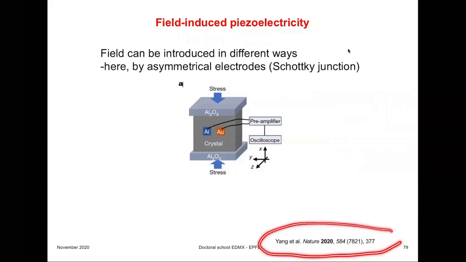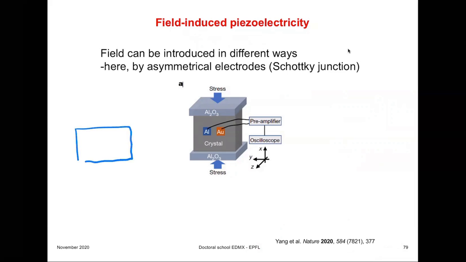You can find a discussion of that in this paper here, but basically what you do, let's assume that we have a centrosymmetric material, okay? And then on top of that material, we have electrodes. And let's say that we make these electrodes different.